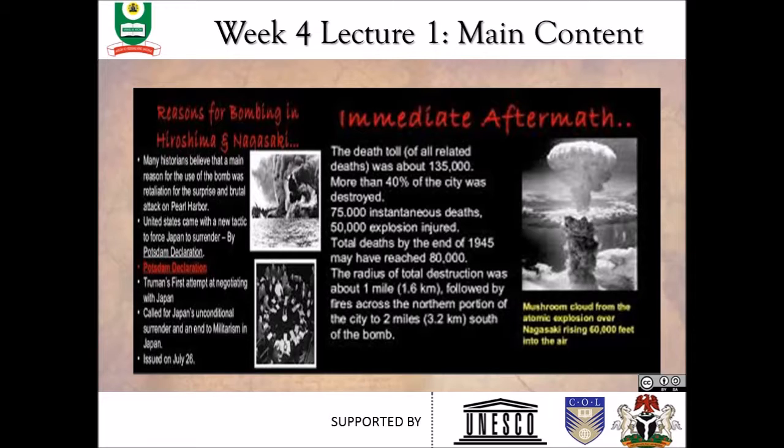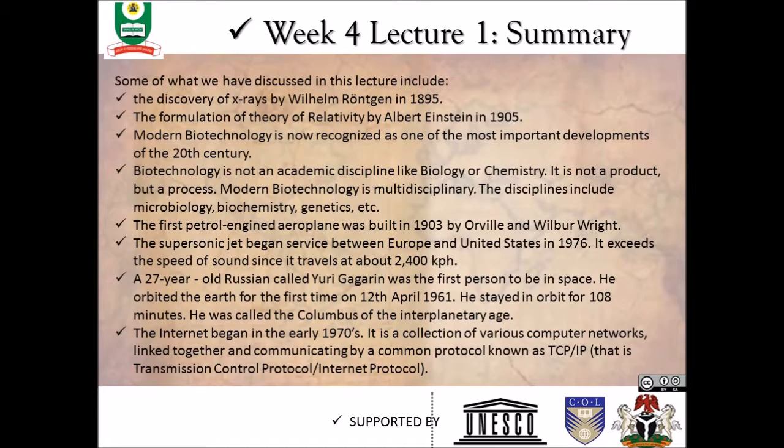Let's quickly have a recap of what has been discussed in this lecture. There has indeed been a scientific revolution in the 20th century. In the 20th century, we have seen both the ingenuity and stupidity of man. That is why the philosophy of science is very important.